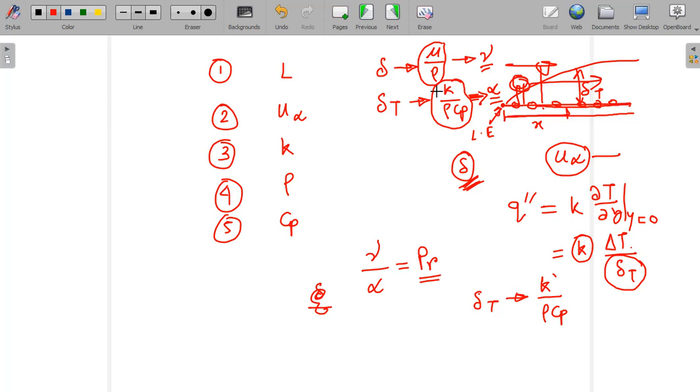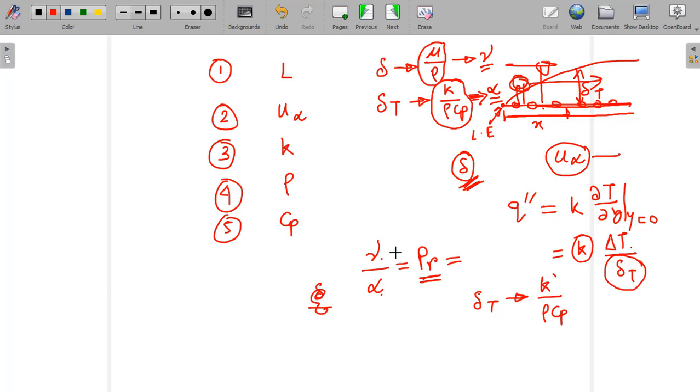So the ratio of two similar dimensional quantities is a dimensionless number. This ratio is called the Prandtl number, and Prandtl number is a property of the fluid that you have to remember. It is defined as nu by alpha.